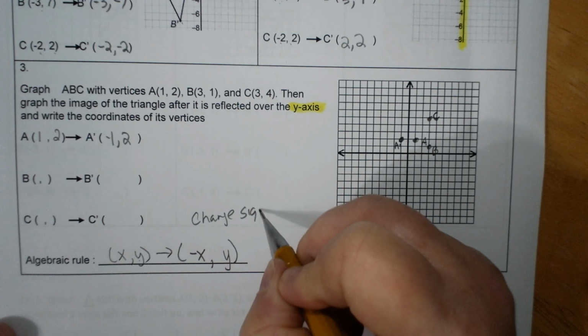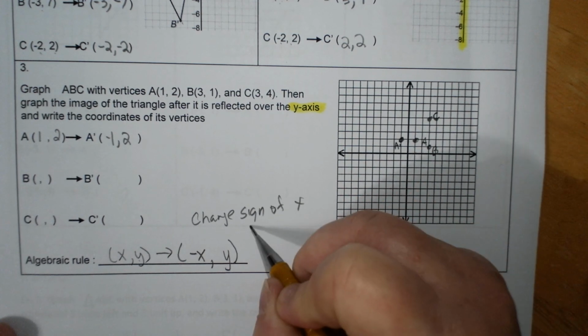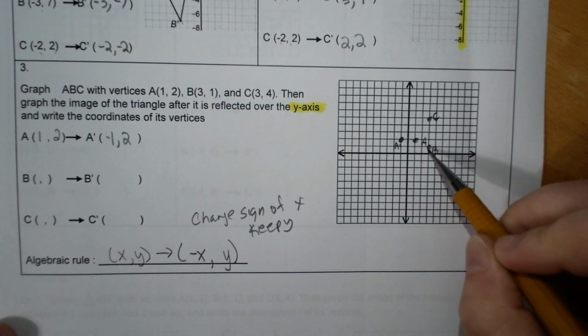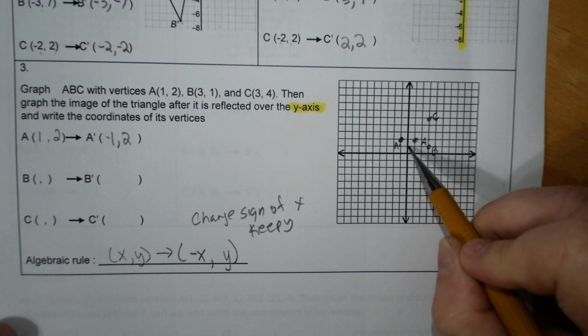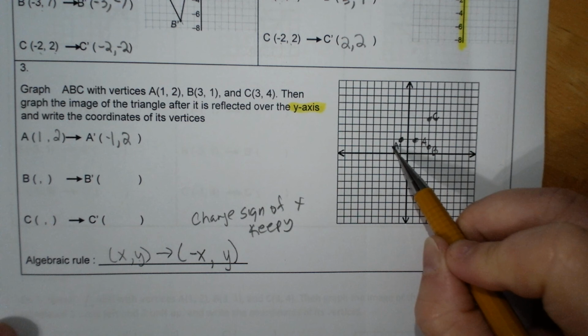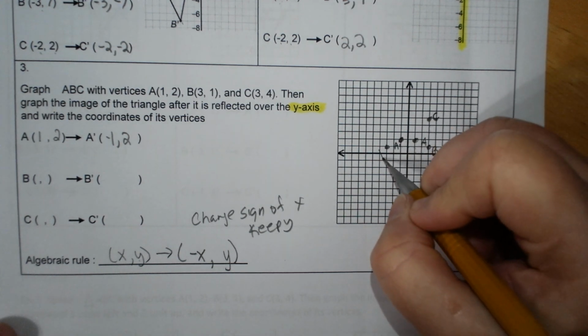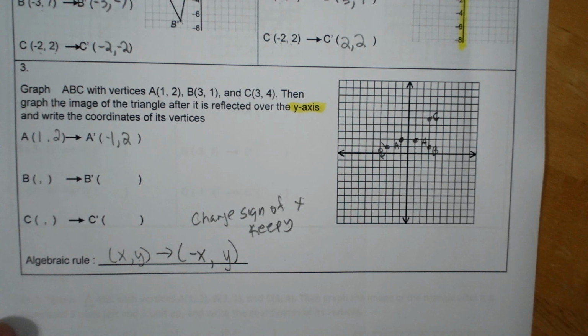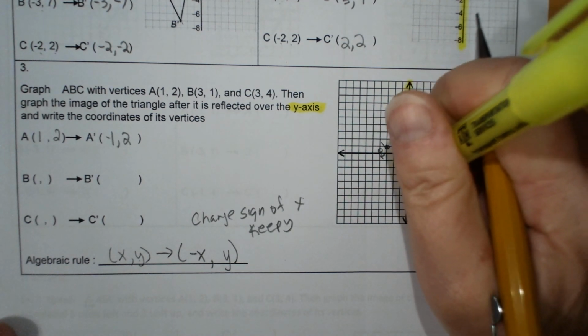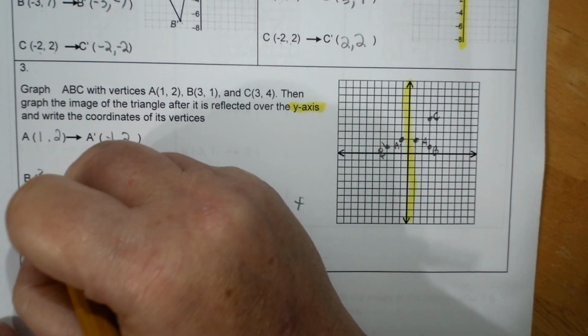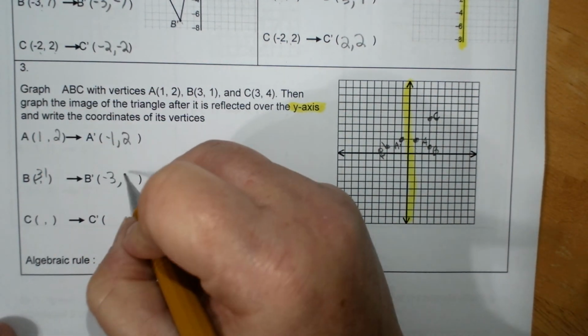Change sign of x, keep y. B is 3 from the y-axis. B prime is 3 from the y-axis. That's my mirror. So (3, 1) becomes (-3, 1).